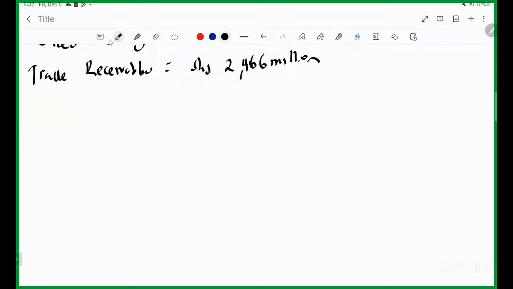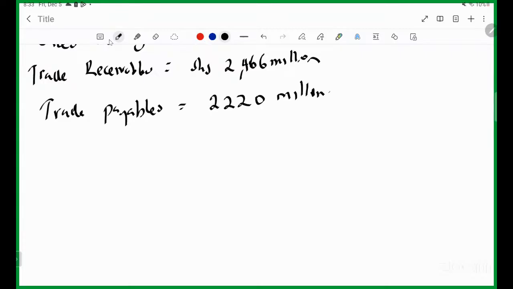So we have trade payables. Trade payables are 2220 million. But don't forget we have an overdraft cost of 15% per annum, per year. Yes, but also we can buy these birds.